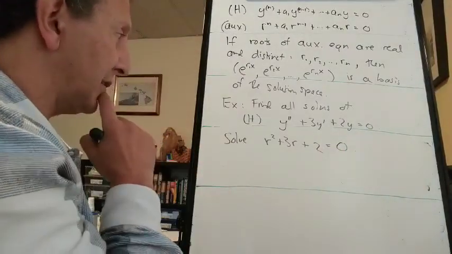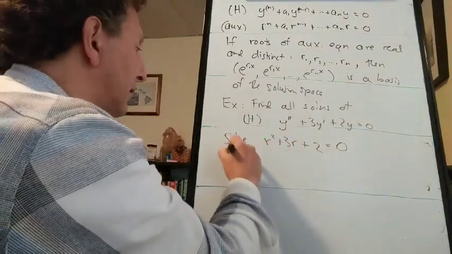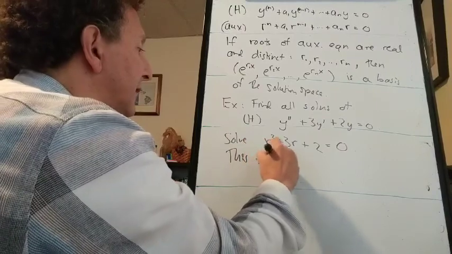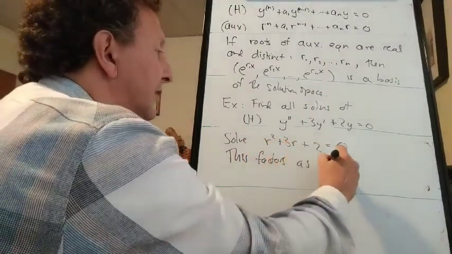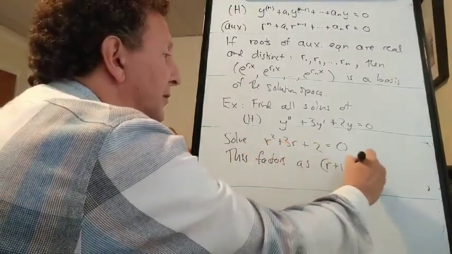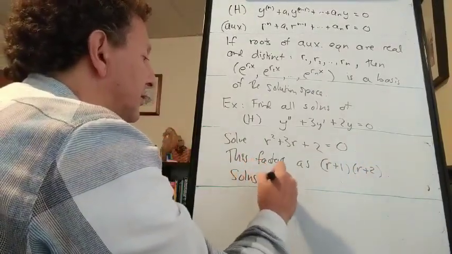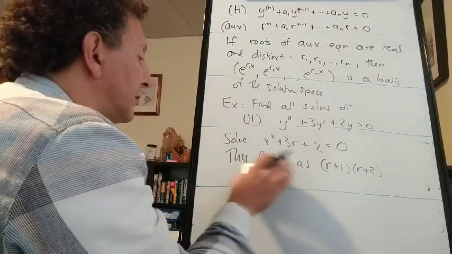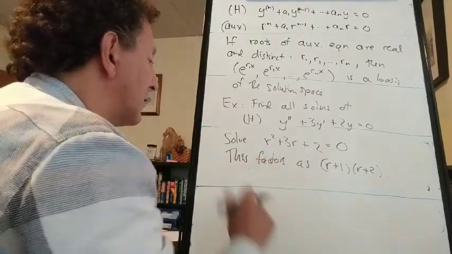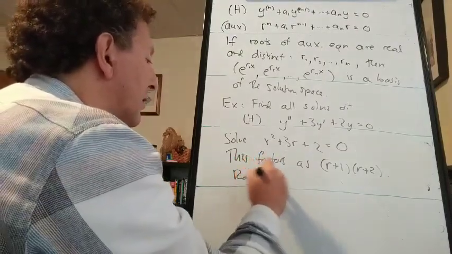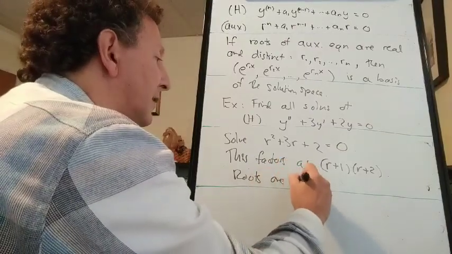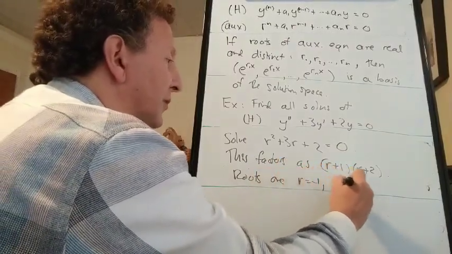And I think this factors. This factors as r plus 1 times r plus 2. The solutions, or the roots, are r equals -1 and r equals -2.